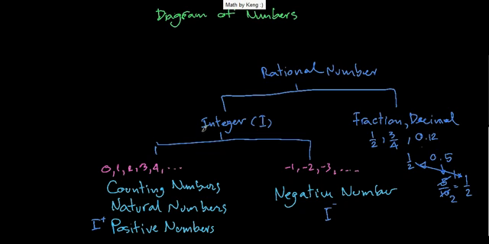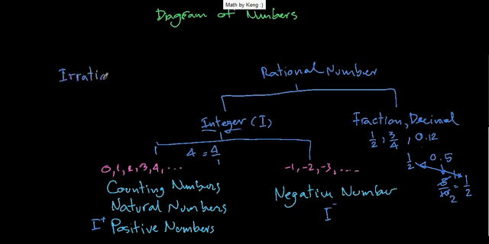We can write an integer in the form of a fraction, like this. If we have 4, we can write it as 4/1. And this too, absolutely we can see it in the form of a fraction. We call both of them rational numbers. And besides rational numbers, we have irrational numbers.